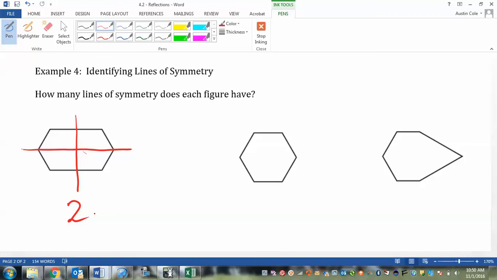Now, this next one, Jevin, can you describe one? One axis of symmetry, one line of symmetry? Sure. What do you mean by that? This direction?